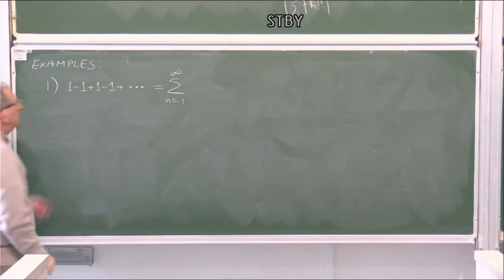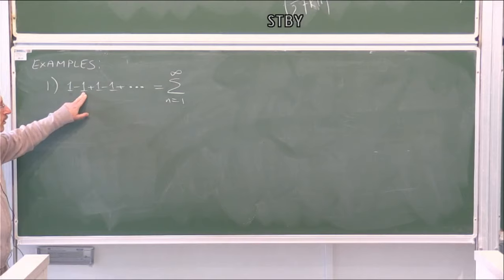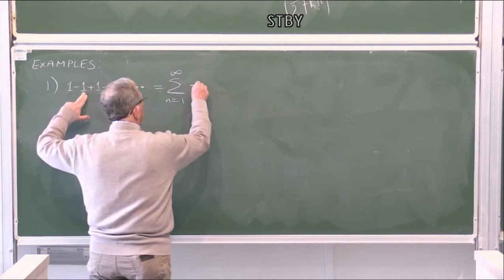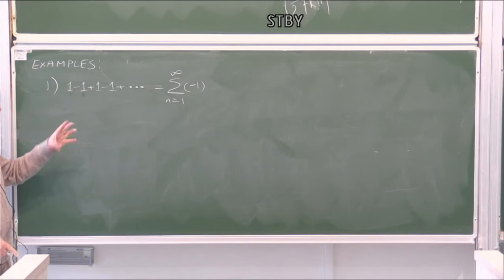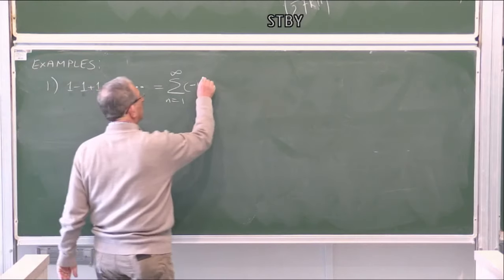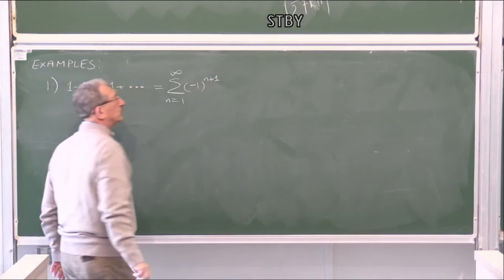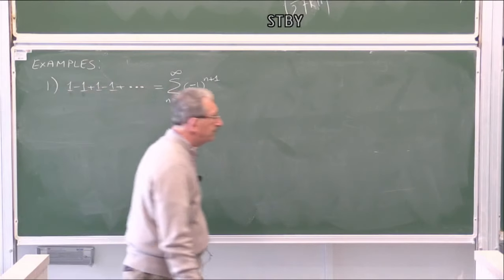When n is 1, you must have 1. If n is 2, you must have minus 1. So you have minus 1 raised to a power. If the power is even, you have plus 1, so it's appropriate to put n plus 1. If n is 1, you have an even power, you have plus 1. If n is 2, you have the third power, so you get minus 1, and it continues like that.